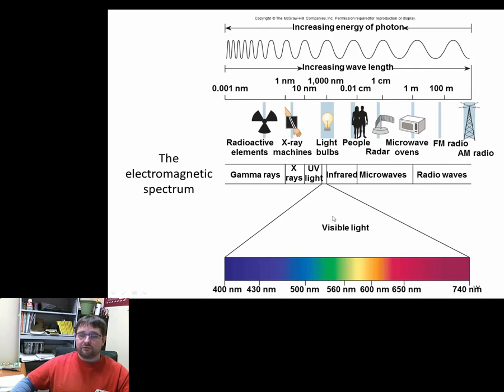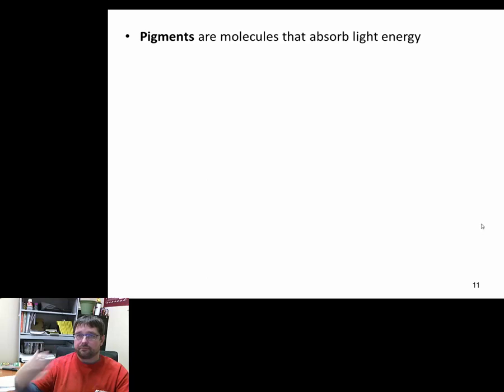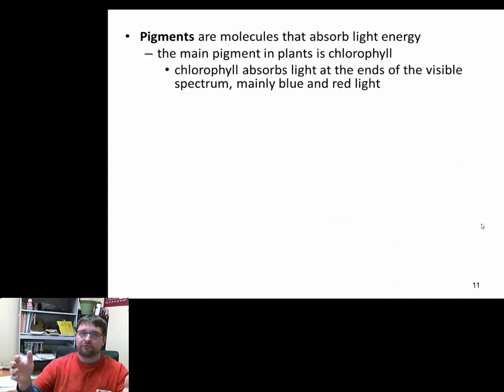And so a wavelength in the 550 nanometer range is going to have a different amount of energy than the 740 and the 400. So we'll look at this in a little bit when we start talking about what pigments can absorb. So pigments are molecules that can absorb photons.